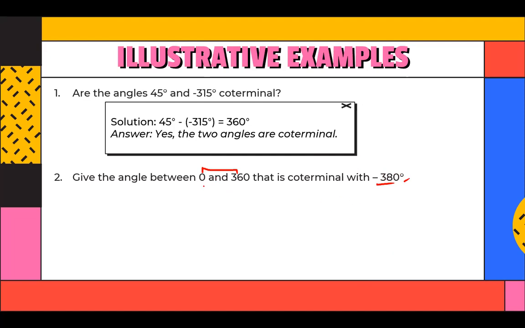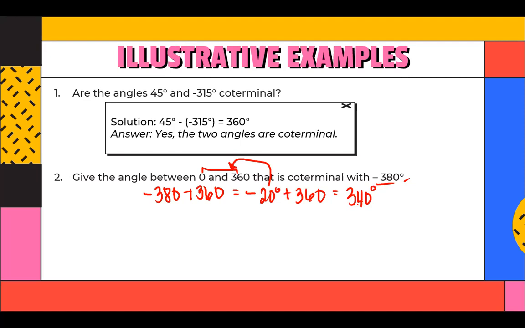Following the condition stated here, the angles must be in between 0 and 360. So we'll have negative 380 plus 360. This gives us negative 20 degrees. So it does not satisfy the condition yet. We'll continue adding 360, and negative 20 plus 360 is 340 degrees.